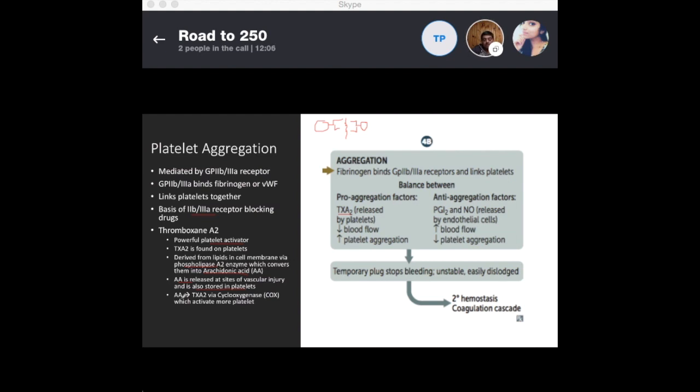As we all know, arachidonic acid can be converted to thromboxane A2 via cyclooxygenase, and that will activate more platelets. So thromboxane A2 is a pro-aggregation factor. Now, prostaglandin I2 or nitric oxide, which are released by the endothelial cells, are anti-aggregation, so they're not going to form a plug. And then aspirin, which is another drug, inhibits the cyclooxygenase enzyme, decreasing thromboxane A2, and that makes it an inhibitor of platelet activation.